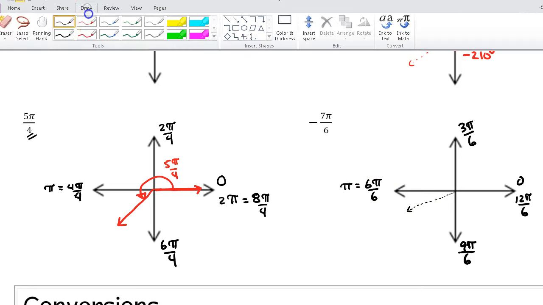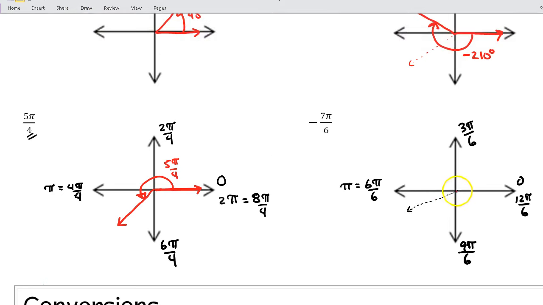So now, all I need to do is draw my initial side, and then flip this over the x-axis to over there. Let's try that again. So just reflect that over the x-axis. Make sure I notate that I'm rotating in a negative direction, and then label my negative 7 pi over 6.